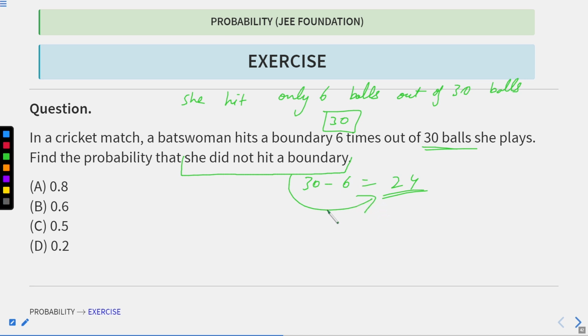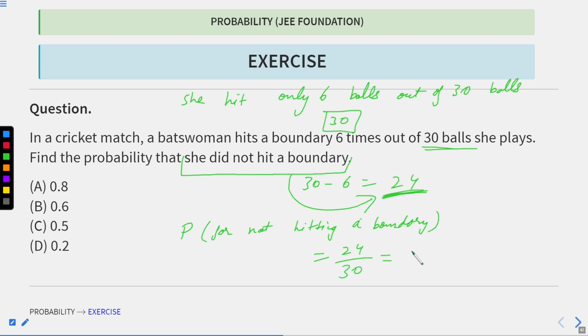So to find the probability of not hitting a boundary, it is equal to the favorable outcomes, which is 24, over the total number of outcomes, which is 30.